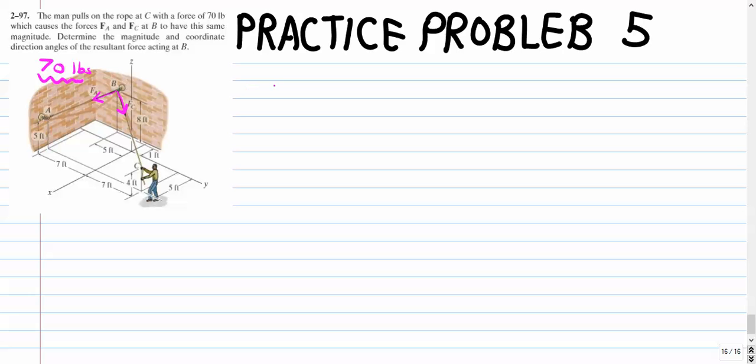So let's get started. For the force Fa first, from B to A, we can see that the x component of this length vector is equal to 6 meters. It's 6 meters in the positive x direction, and it's 2 meters in the negative y direction.